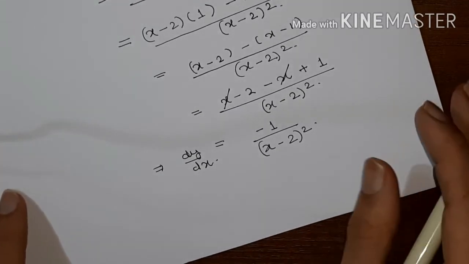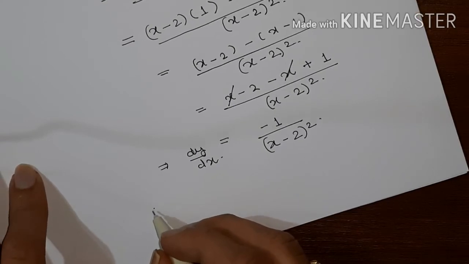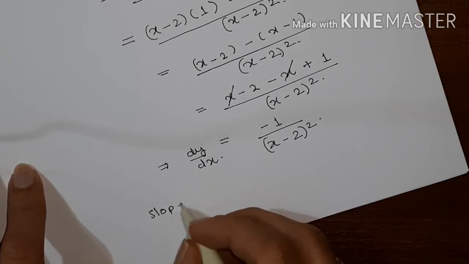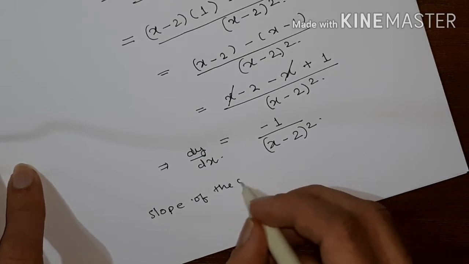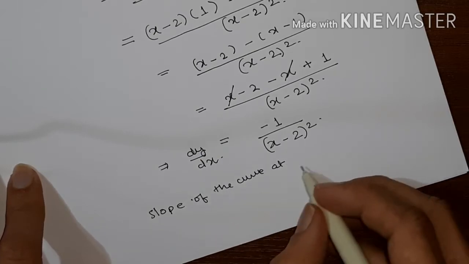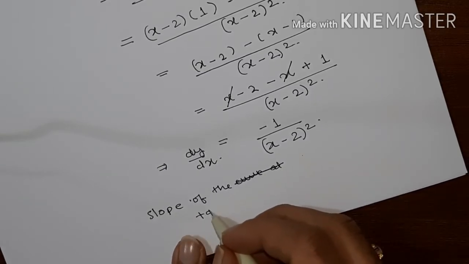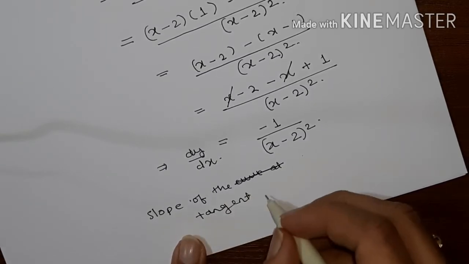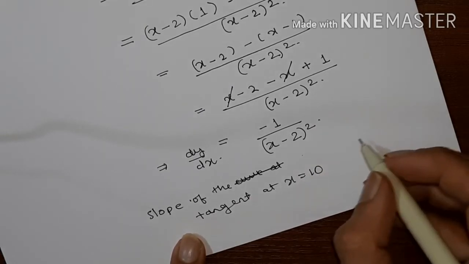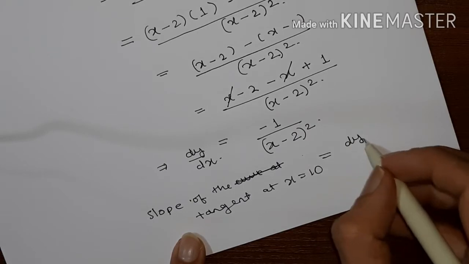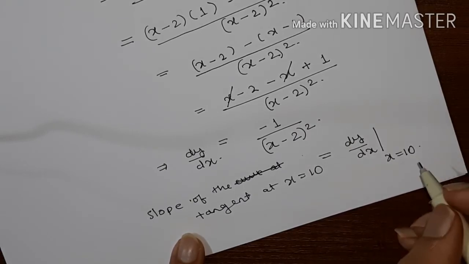Now we have to find the slope at x equal to 10. So the slope of the tangent at x equal to 10 is equal to dy by dx at the point x equal to 10.